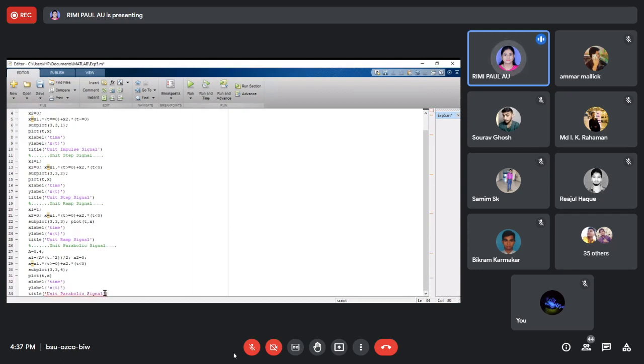And whenever you write in this way, whatever the function is written here, the same way you will write in your lab copy.